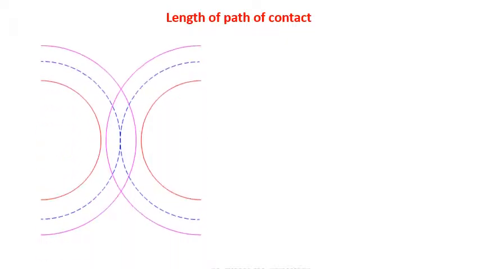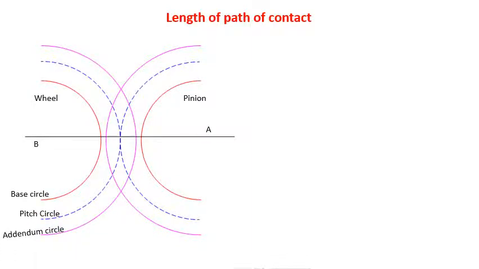So let us consider the two circles or two gears, right? So this is the pinion which acts as a driver here, and this is the wheel which acts as a driven. Okay, so A represents the center of the pinion whereas B represents the center of the wheel.